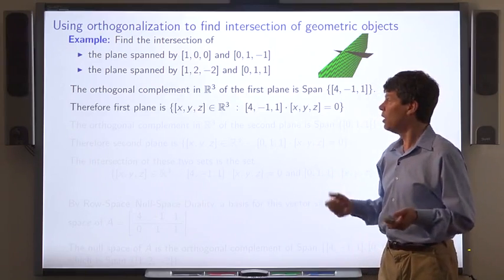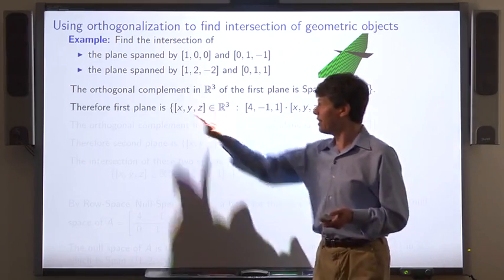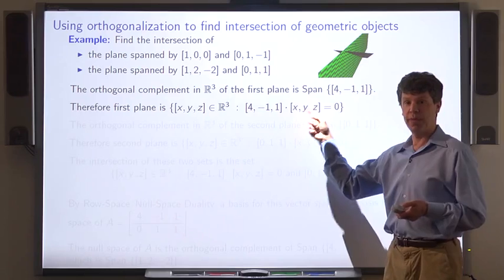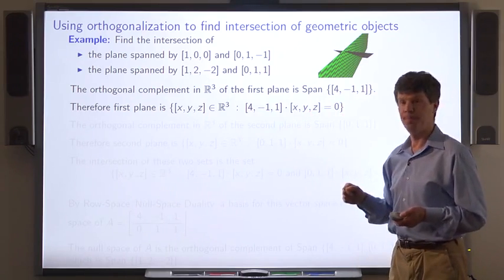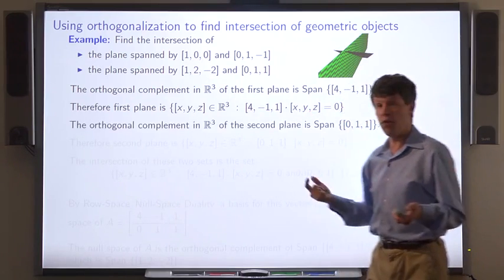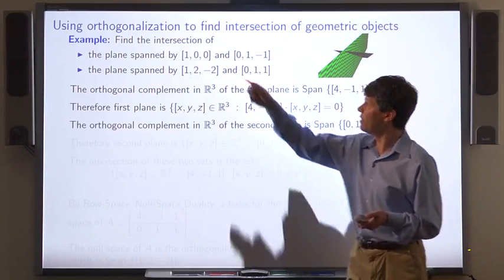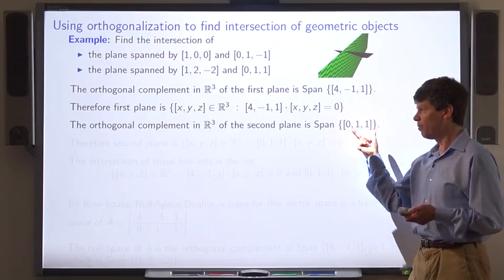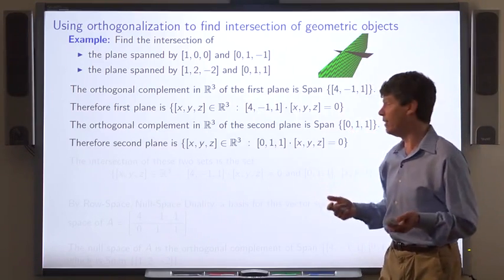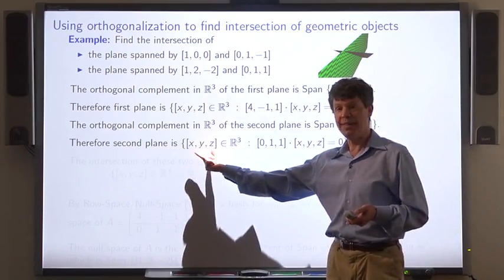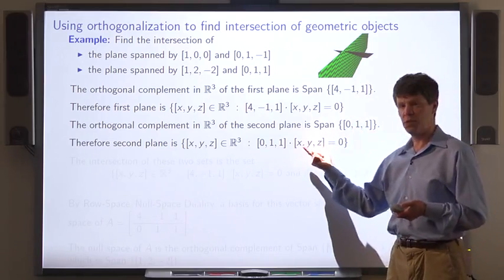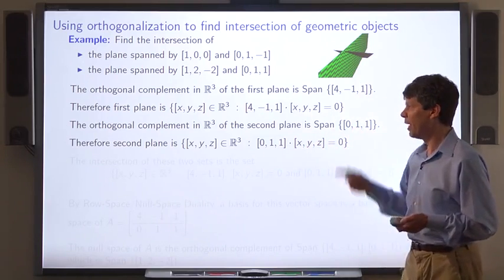That shows that the first plane equals the set of x, y, z such that this vector dotted with x, y, z is 0. Now, the orthogonal complement in R3 of this second plane is the span of this vector. Therefore, the second plane is the set of x, y, z such that the dot product of this vector with x, y, z is 0.